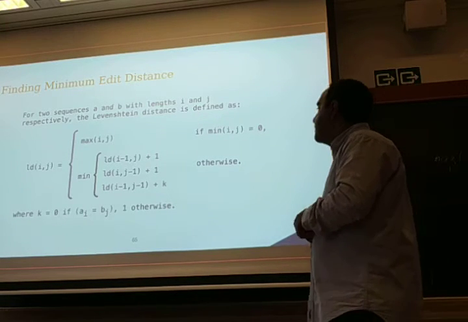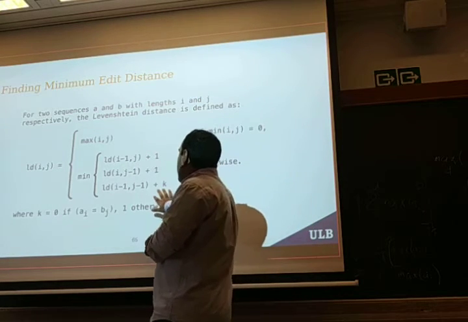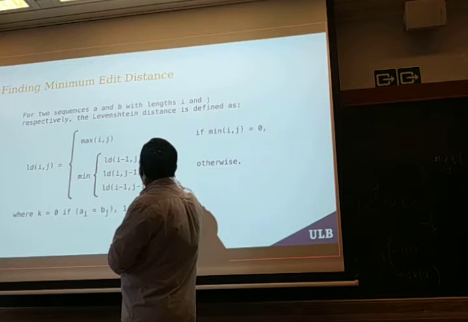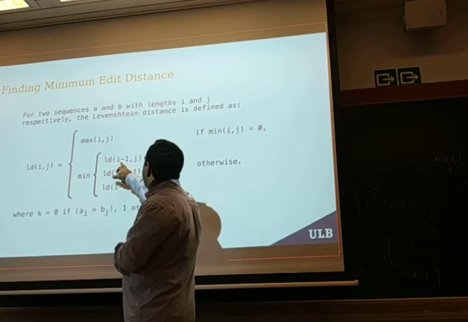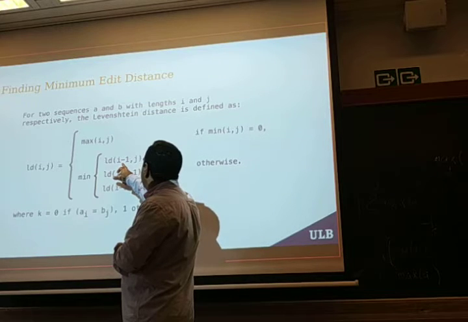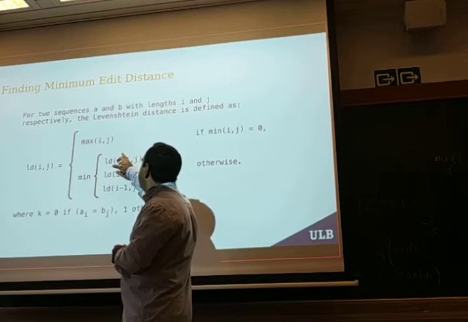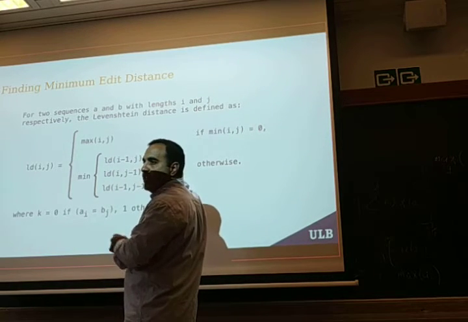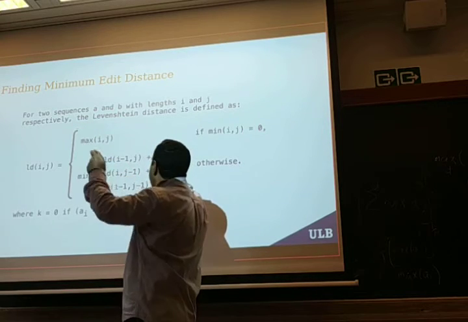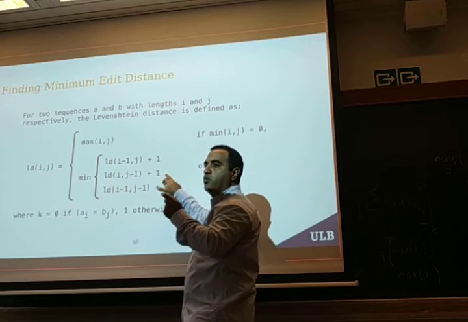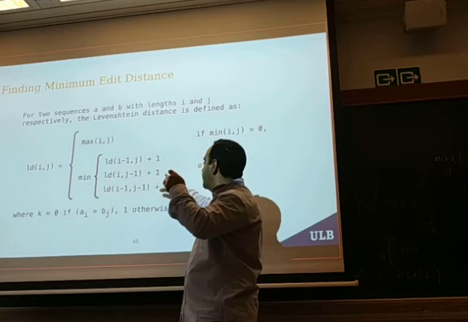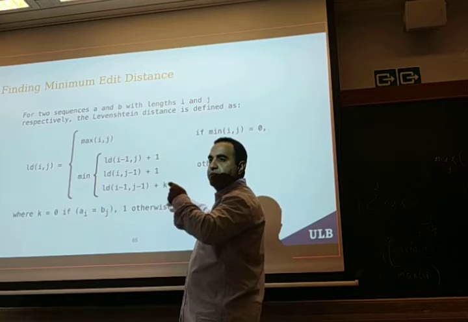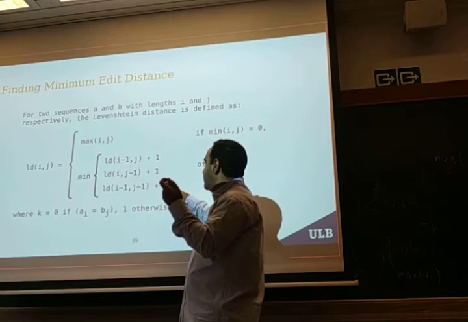The other way around. And then the recursive call: I penalize by 1 because I remove a letter from the first string, the source string. So that's a deletion operation. So I delete 1 letter from the source string, or I insert 1 letter in the source string, and again penalized by 1, or I replace, or match.